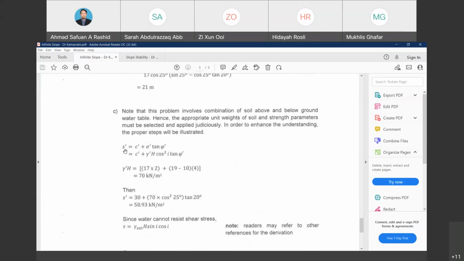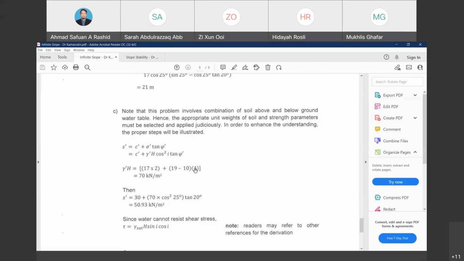For the S equation, C is unchanged, plus sigma tangent phi. For the sigma, we use the effective unit weight times H: 17 times 2 plus 19 minus 10 times 4.